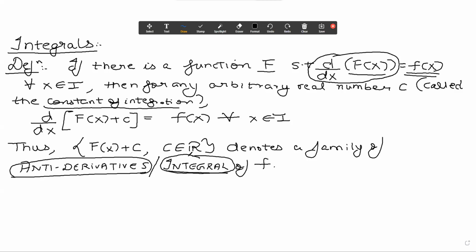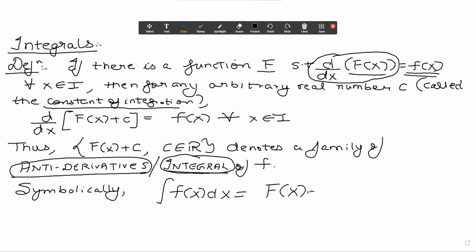So I can write symbolically integral f of x dx is equal to capital F of x plus C. So I hope all students have understood this.